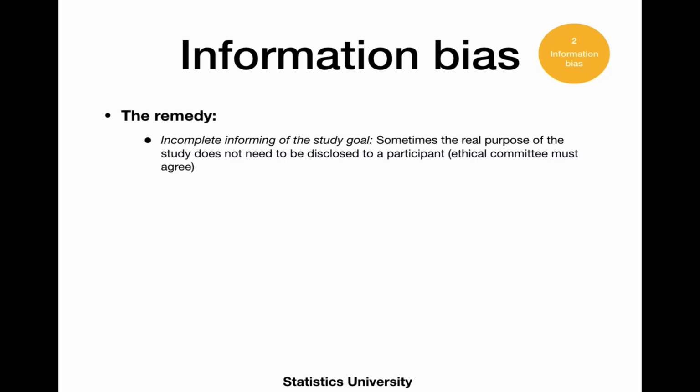For example, incomplete informing of the study goal. So sometimes the real purpose of the study shouldn't be disclosed to participants. However, ethical committees must agree to this, and this technique is more often used in psychological research than in clinical medicine research.